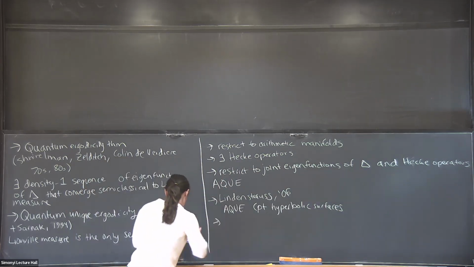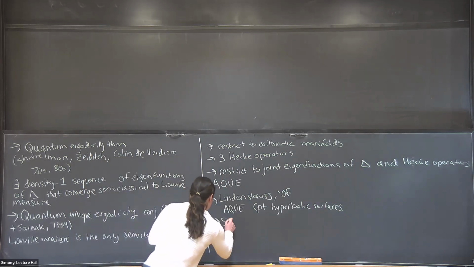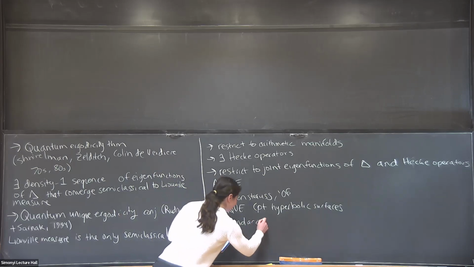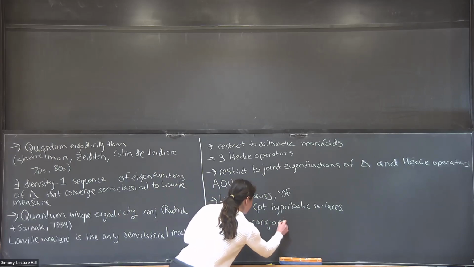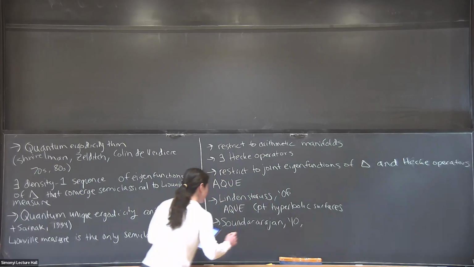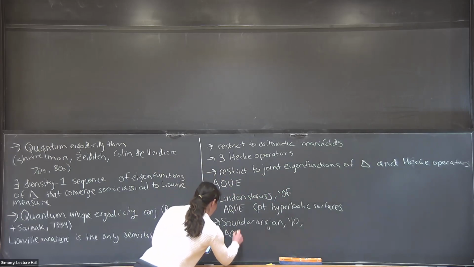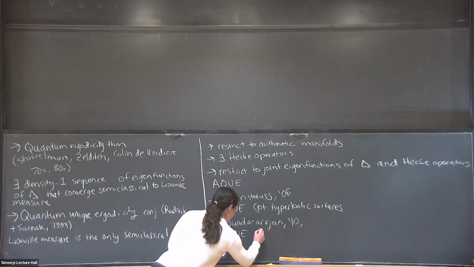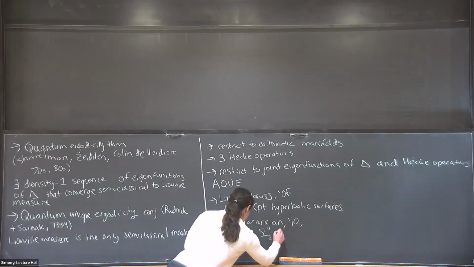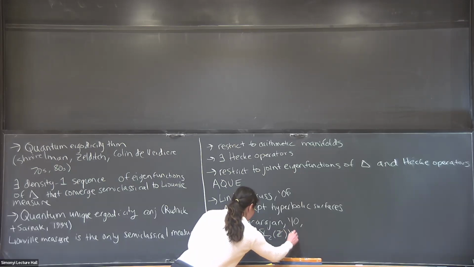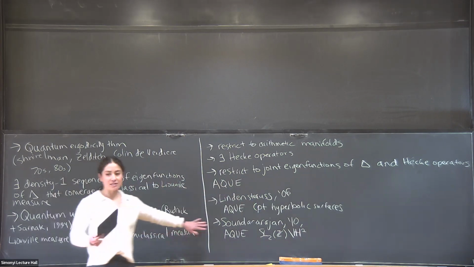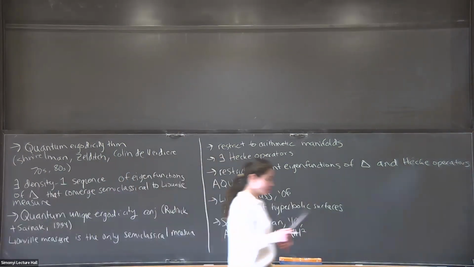The next result I want to talk about is due to Soundararajan in 2010, and he proved arithmetic quantum unique ergodicity for the following modular surface. So this is not a compact surface.